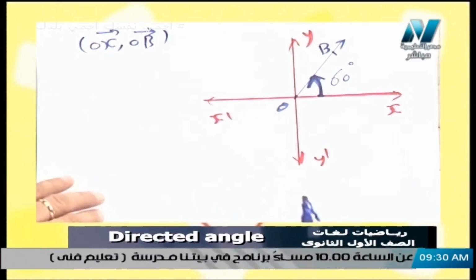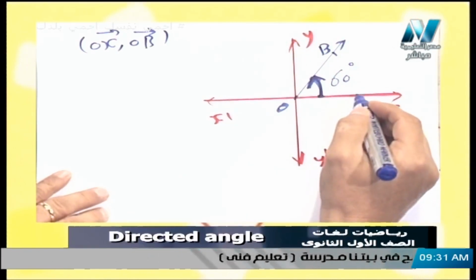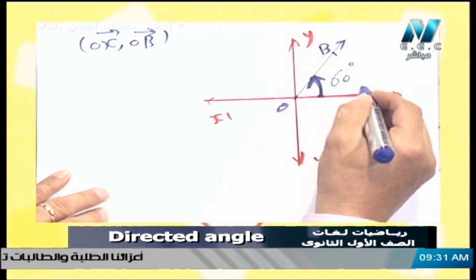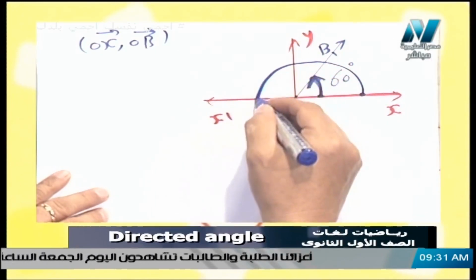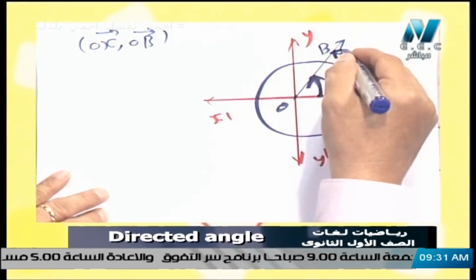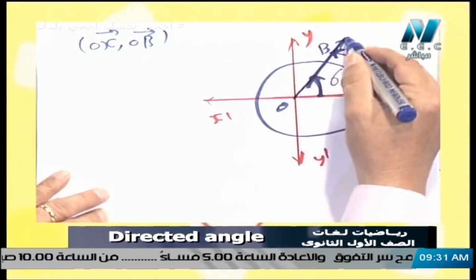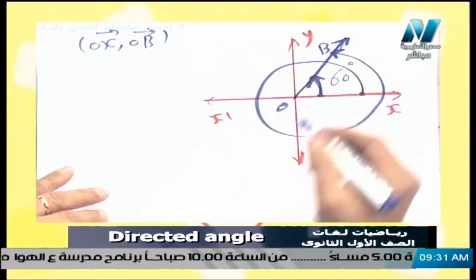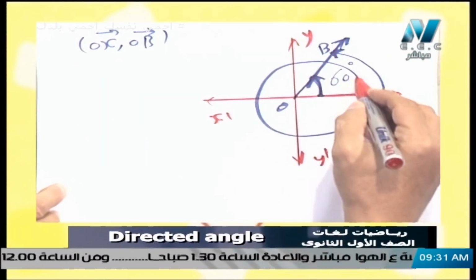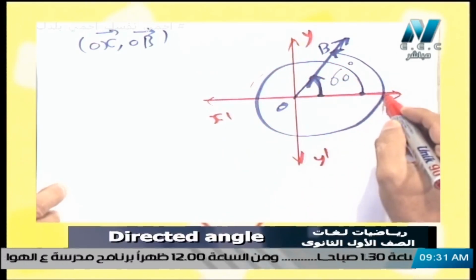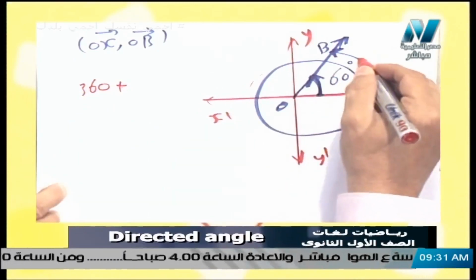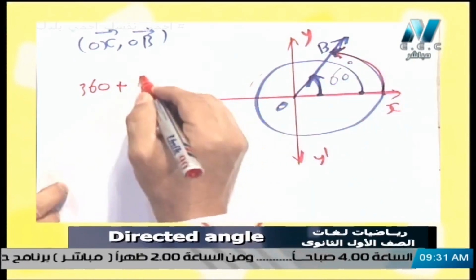Look carefully with me. If we have another angle starting from this initial side and moving a complete round until it comes to the same terminal side, which is OB, what's the measure of this angle? This is the complete turn, 360, plus this part, which is the 60 angle.